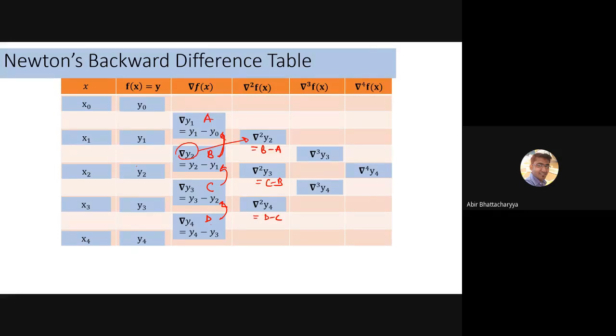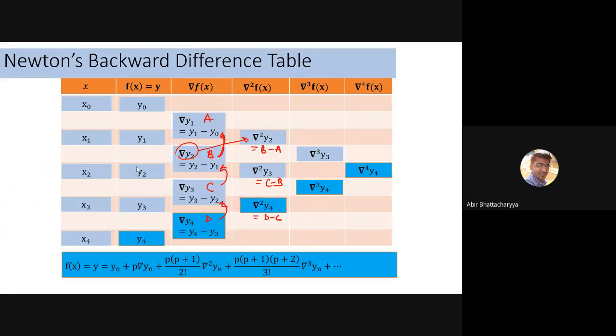Remember the formula: we will use backward delta yn, backward delta square yn. We will focus on the last corner of the table and take these values to find Newton's backward difference polynomial.